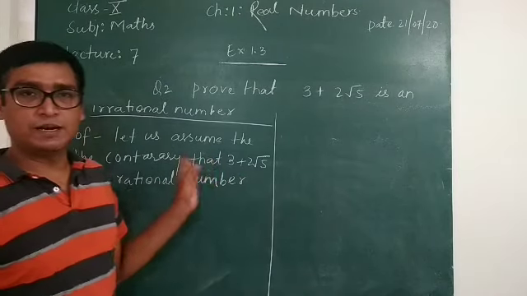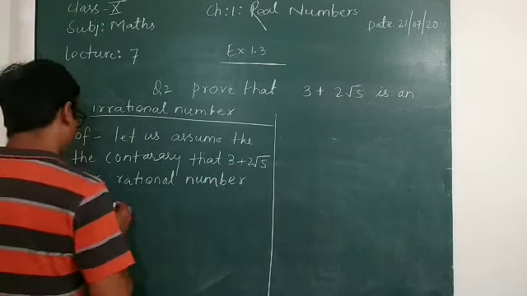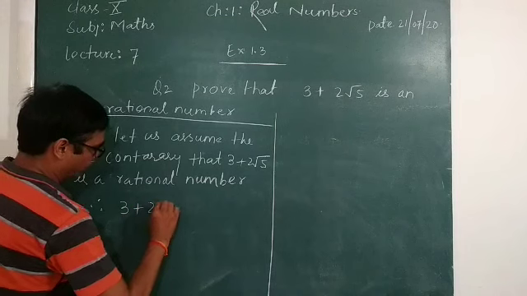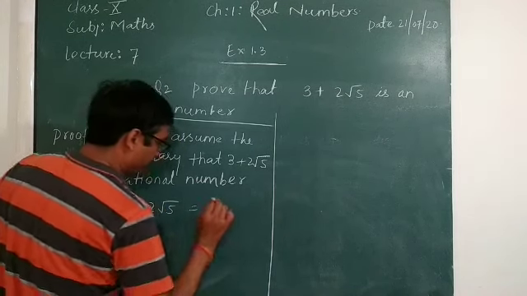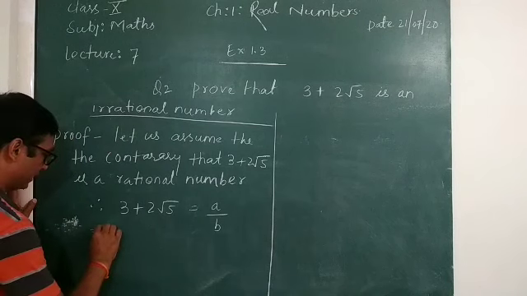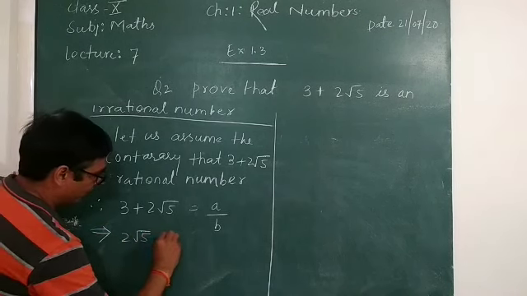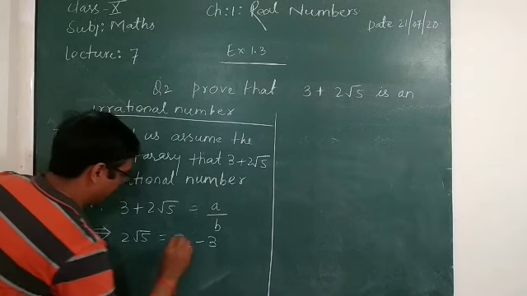Now if it is a rational number, you know that it can be written in the form of p by q. Hence 3 plus 2 root 5 is equal to a by b. Okay. Now by solving, we can write here 2 root 5 is equal to a by b minus 3.